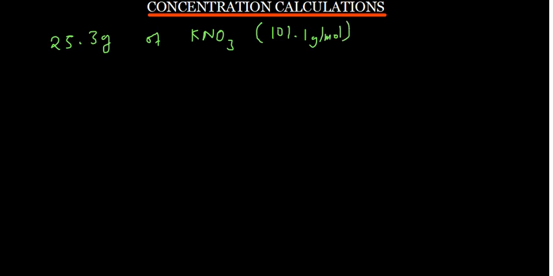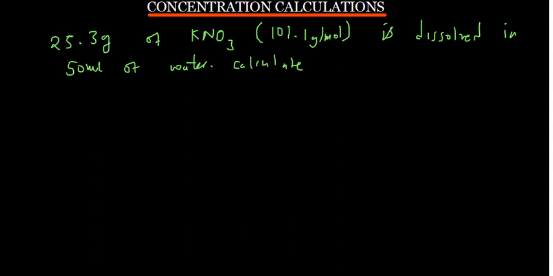Okay, so 25.3 grams of potassium nitrate is dissolved in, I can say, 50 mils of water. Calculate the molarity.